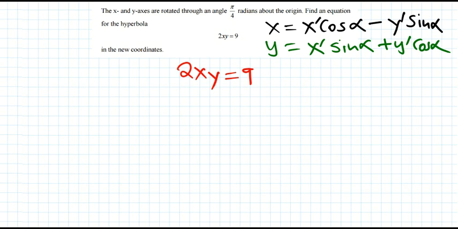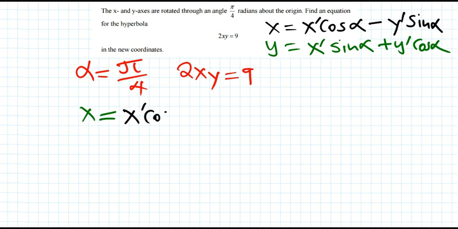Okay, so we've been given the angle alpha. We're told alpha is equal to pi over 4. So we don't have to find the angle like I said. We just have to go and substitute into the equations that we have. So our x is going to be equal to our x prime cosine pi over 4 minus y prime sine pi over 4.